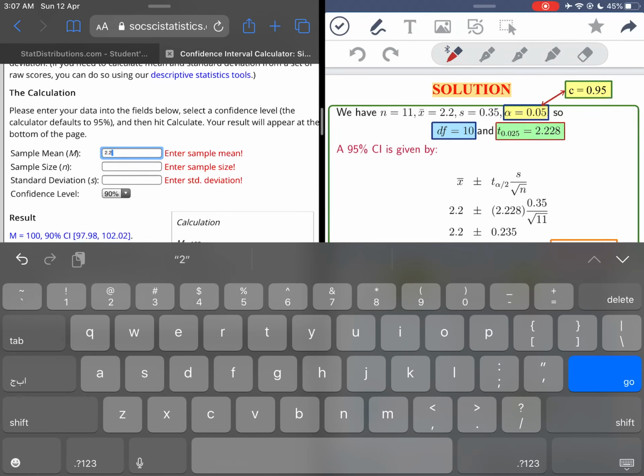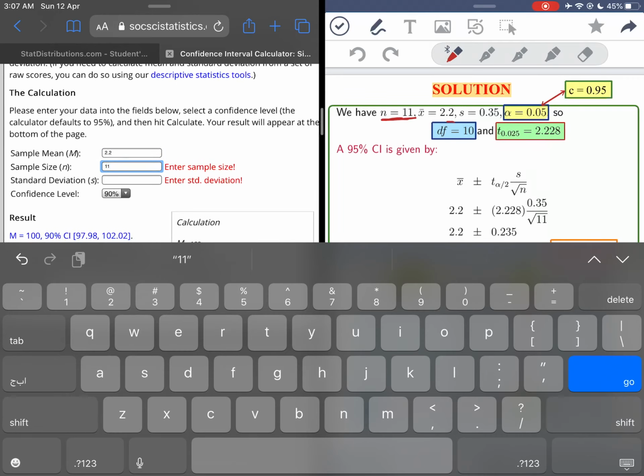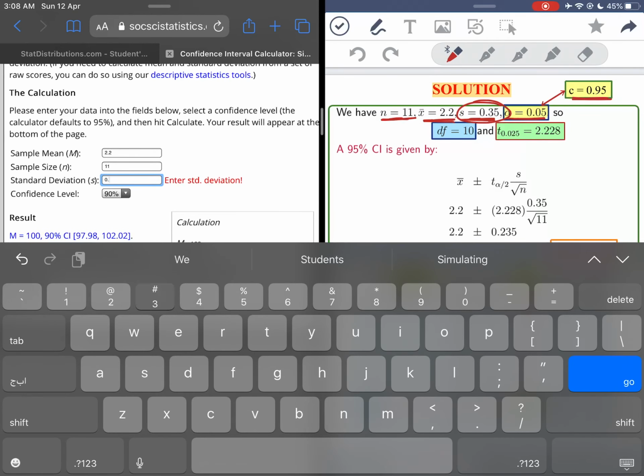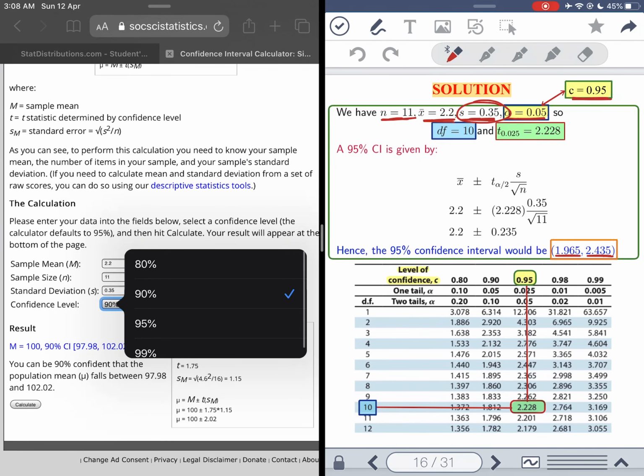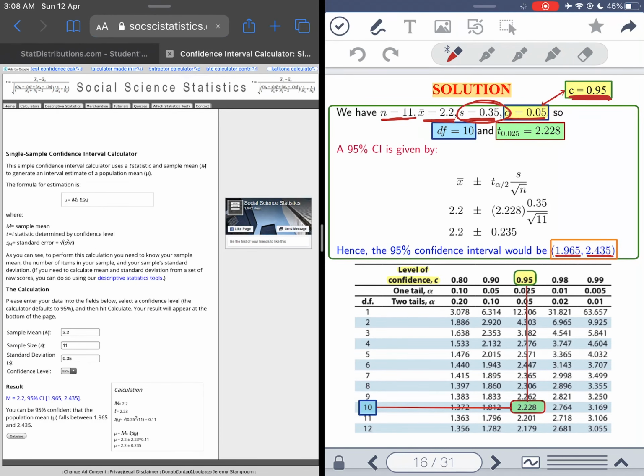X bar is 2.2. And sample size was 11. Standard deviation s is 0.35, and how confident do we want to be? 95%. So I'll put 95 and then calculate. Let's see what we get.